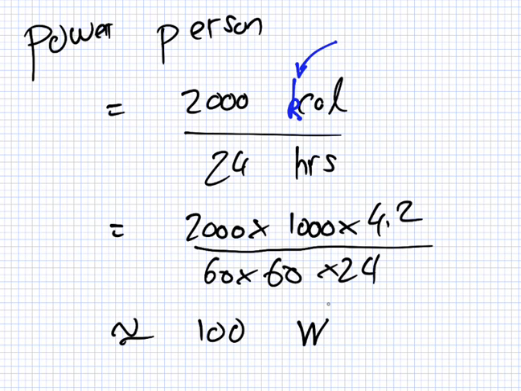Just to put some more numbers in context, okay? A light bulb 100 watts, shower 7,000 watts, TV 100 watts, radio 2 watts. What else do we have? Hairdryer 2,000 watts, electric kettle 2,000 watts, electric heater on the wall 3,000 watts.